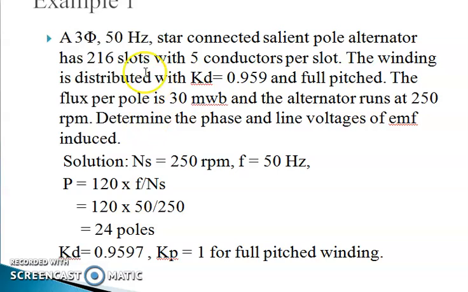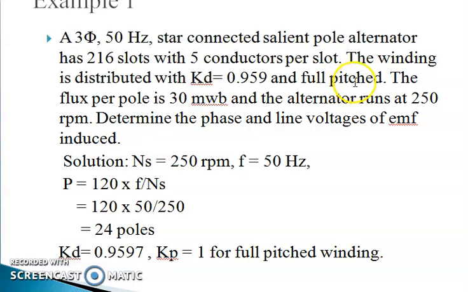See here, frequency is given, 50 Hz. It is a silent pole alternator which has 216 slots with 5 conductors per slot, so we can use this in finding the number of conductors. Then the winding is distributed with Kd given, and full pitch is mentioned, so Kp is equal to 1 for full pitch winding.